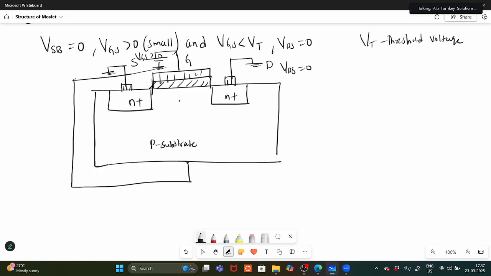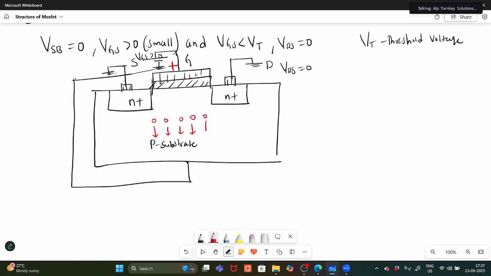So what happens here: we are applying positive voltage to the gate. What are the majority carriers in the p-type substrate? Holes. Okay, so when you apply positive voltage, these holes will repel, because like charges repel.